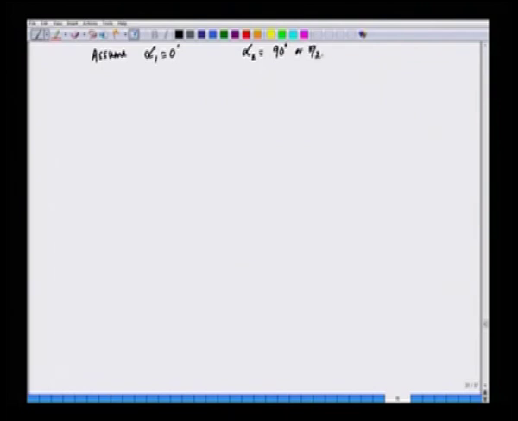Now, let us draw the waveforms here again. So, we can draw the waveforms. This is VO1 and this is IS1. Now, what is VO1? VO1, alpha 1 equal to 0. So, we can draw this.